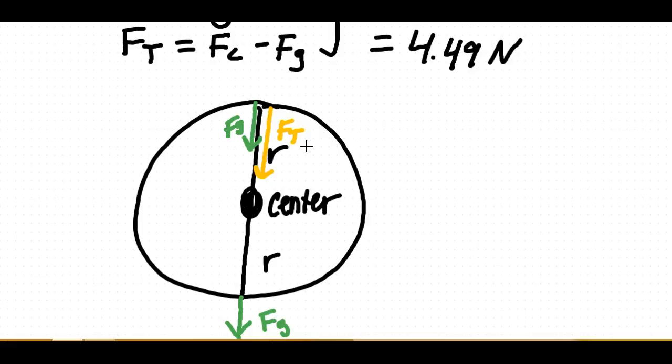And at the bottom, the centripetal force is again made up of force of tension and force of gravity. At the bottom of the circle, you have one up and one down. At the top of the circle, you have them both pointing downward, which results in the addition and subtraction in the previous formulas. So for a vertical circle, that's all you're going to need: how to find the centripetal force using tension, and how to find speed if it just barely clears.